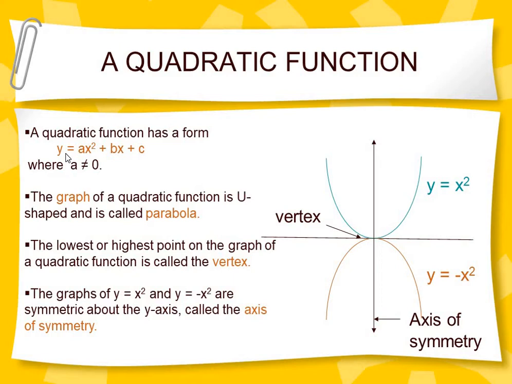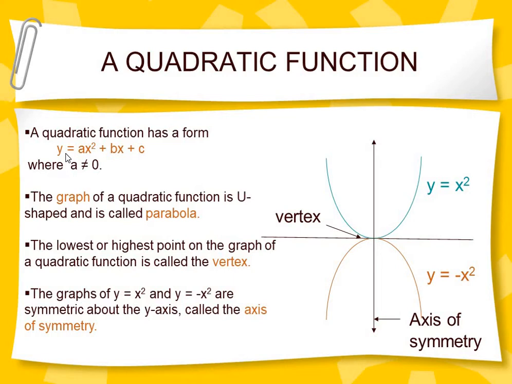Now, a, b and c are all numbers. We call them constants, and if they are connected with variables, like a, which is connected with x squared, and b, which is connected with x, I call them coefficients. And c, I call it a constant since it's alone, there is no variable connected to it.